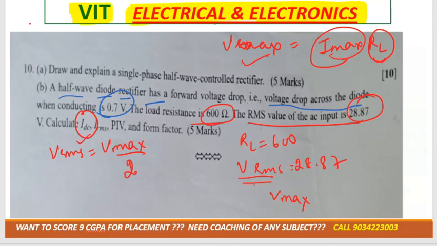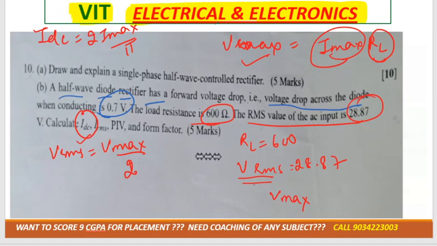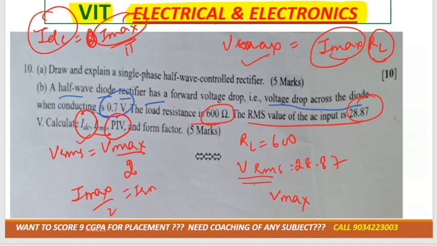If you get Imax, IDC is how much? Sorry, for the half wave it is Imax by pi. IDC or I average is the same. So we can get IDC, and we can get IRMS. If we know Imax, then we get IRMS: Imax by 2 is equal to IRMS. Next they are asking PIV.